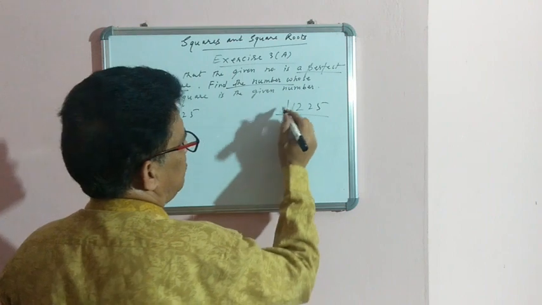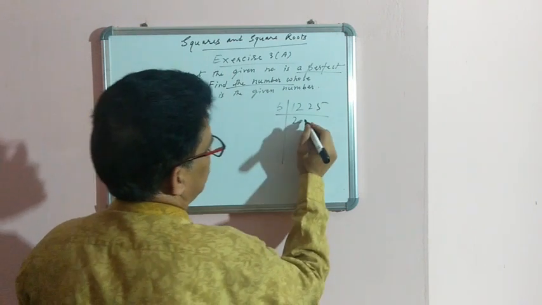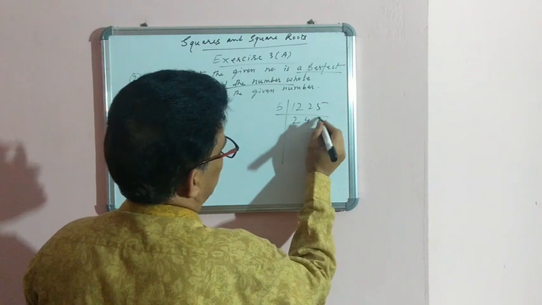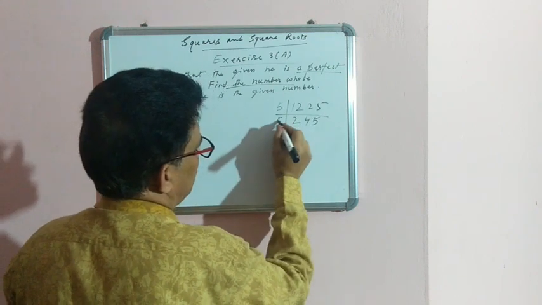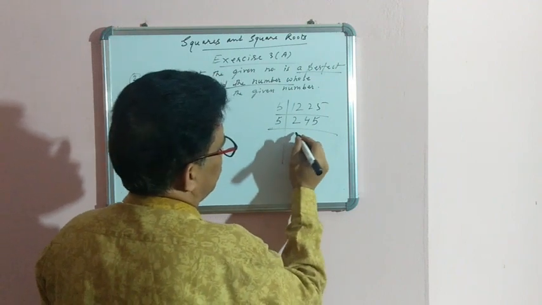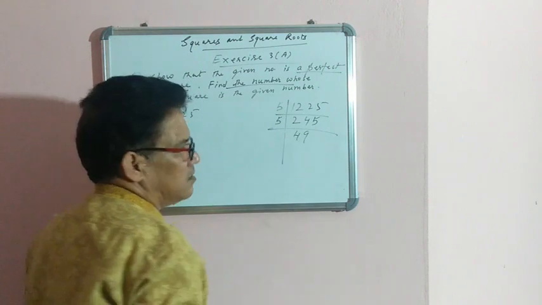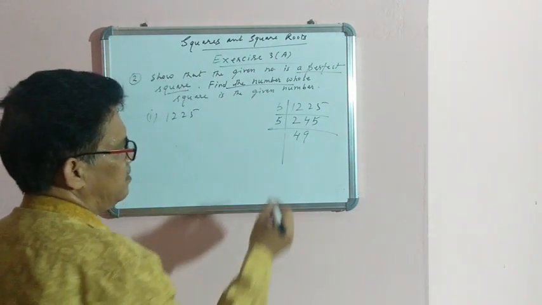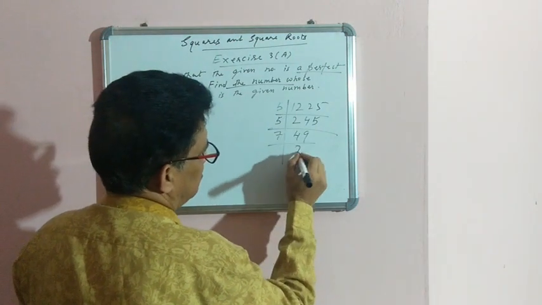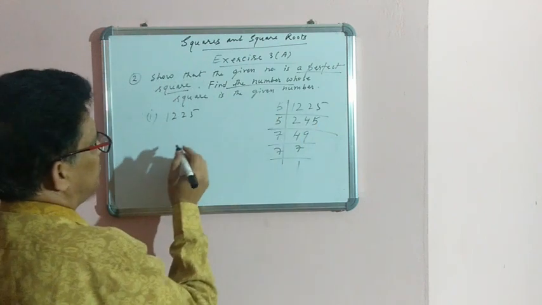Now come to 5: 5 times 245 is 1225. Again divisible by 5, 5 times 49. Now clearly this is divisible by 7, the square of 7, so 2 times we will divide.